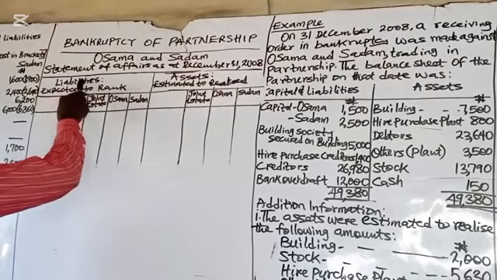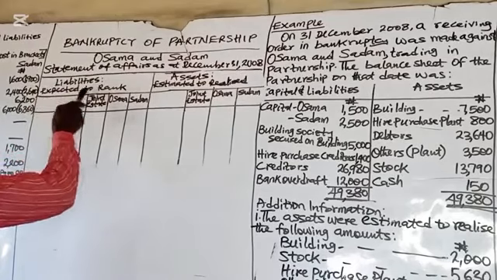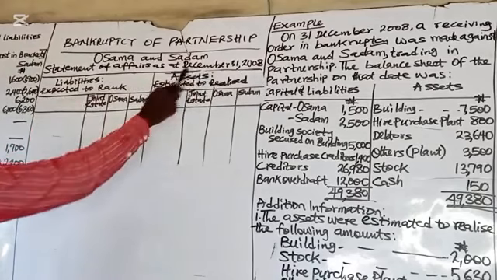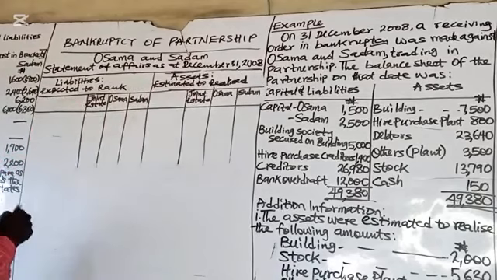This is the liability side, amount expected to rank, and at the asset side, we have estimated to realize amount in Naira.